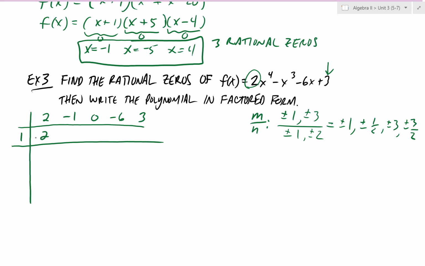Bring down the 2, multiply and add, multiply and add, multiply and add, multiply and add. That one didn't work. Okay, go ahead and keep working through the list. Let me know when you find one that works.